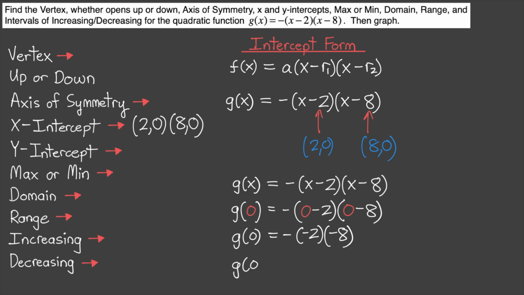So g of 0 equals negative 1 times negative 2 is positive 2, times negative 8 is negative 16. So our y-intercept is (0, negative 16). Every y-intercept has an x value of 0. All right, let's go ahead and erase this.